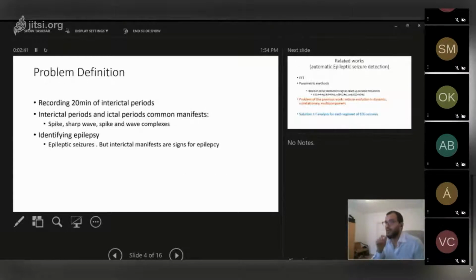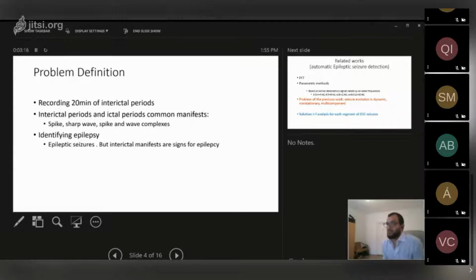The main manifestation of epilepsy is epileptic seizure, which we call the ictal period, and between every ictal period or seizure, we call it the interictal period. Most scientists record about 20 minutes of interictal periods, because there are very common features between interictal and ictal, known as spike and wave complexes.